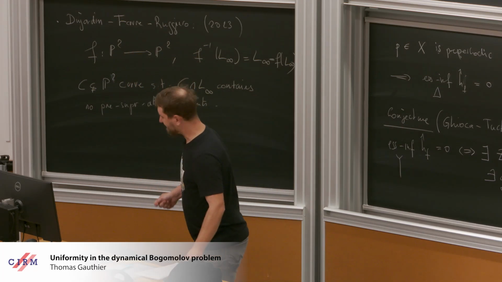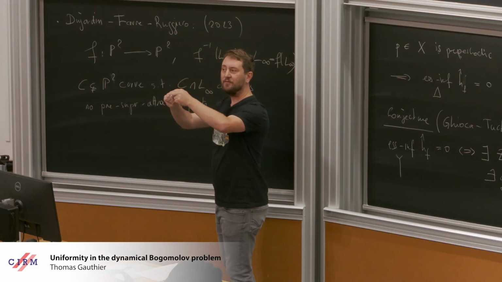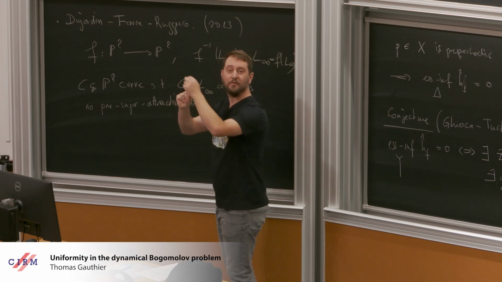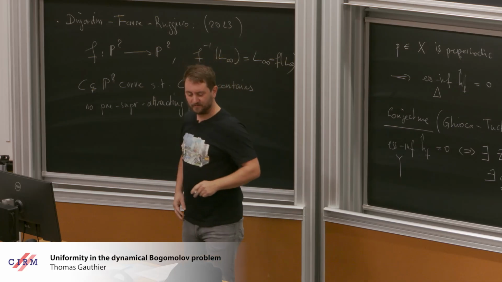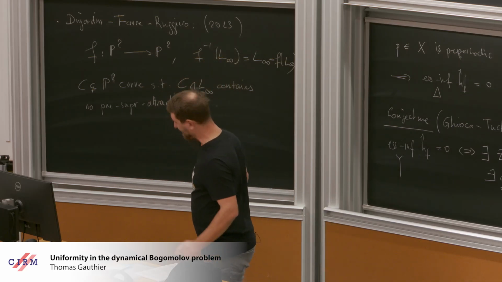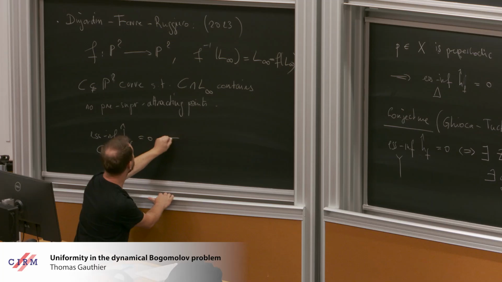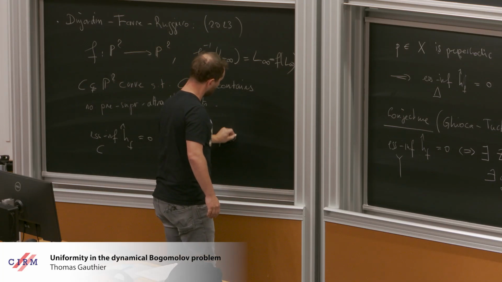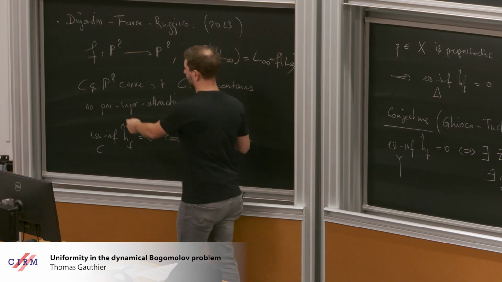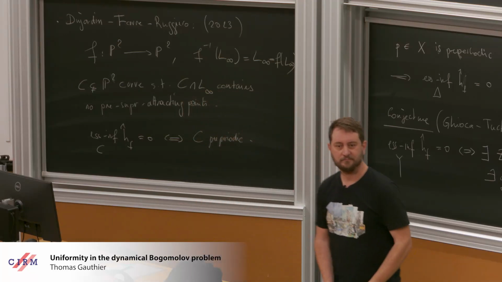If the points are preperiodic, then you don't want them to land on a periodic point where there is a critical point in the orbit. So you want to avoid that. So it's a very rare situation. And in this case, the essential infimum on C of the canonical height is 0 if and only if C is preperiodic. If this happens, we think it's not a problem, but their proof doesn't work. So, okay.